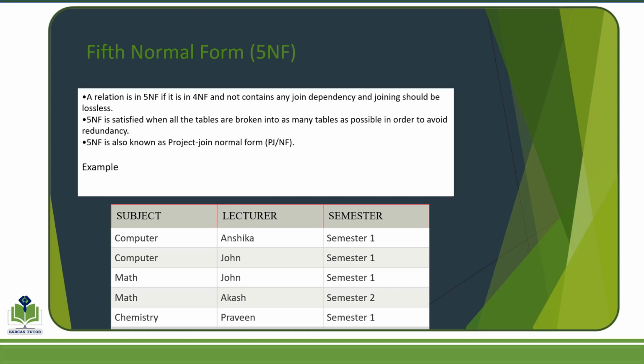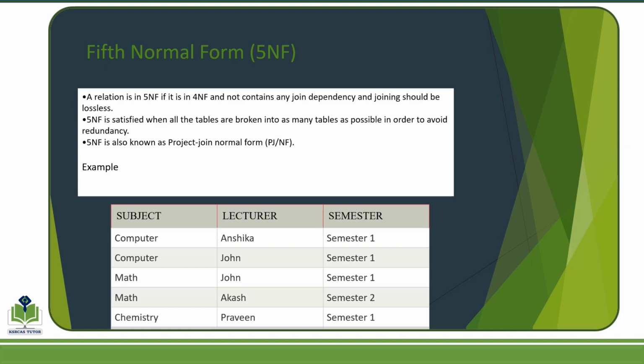It is represented by means of an example called subject, lecturer and semester. A table having three fields called subject, lecturer and semester. Let us take the first row, that is lecturer Anishka is handling the subject called computer in the first semester.